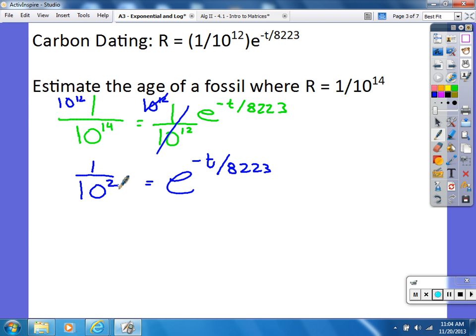I'm going to use natural log, because otherwise I have to use the change of base theorem and I don't like it. So natural log of 10 to the negative 2, or 1 over 10 squared, either way, same thing, right? Equals negative t divided by 8,223, because the natural log undoes the e.